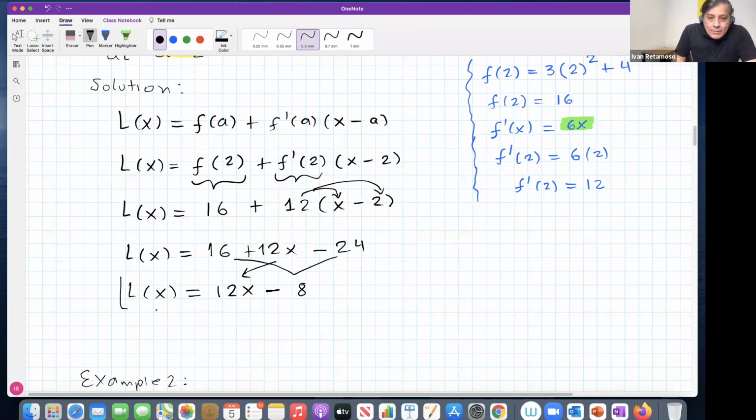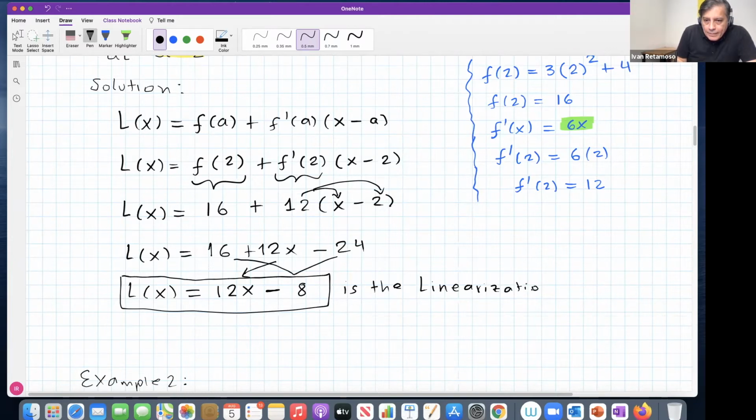And this is what mathematicians call the linearization of f of x at a equal to. Very important, the base point, guys. The base point determines this linearization, right? If you change your base point to 3, a different linearization will come up, right?